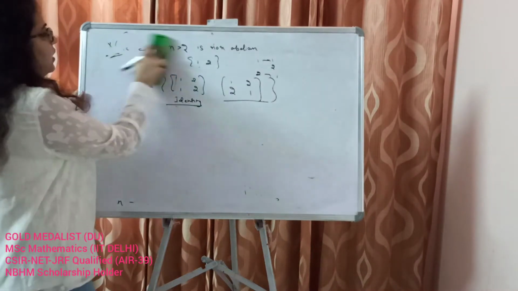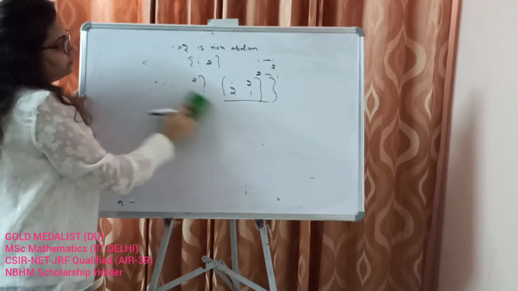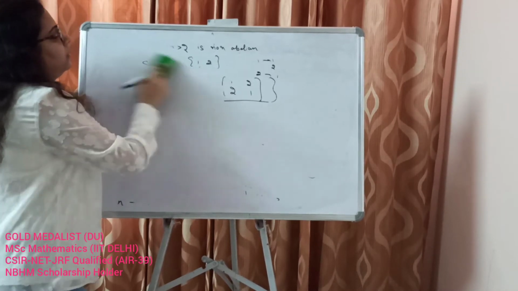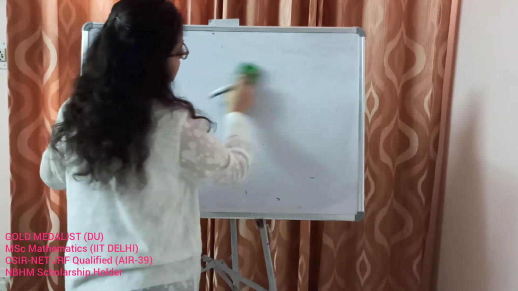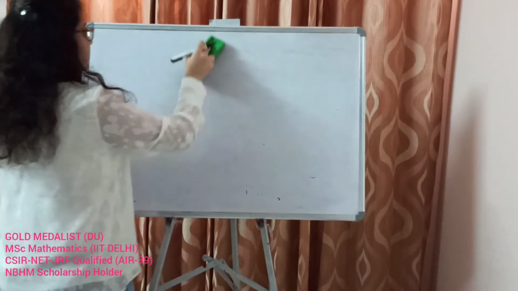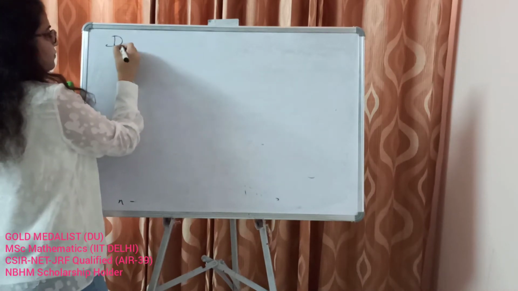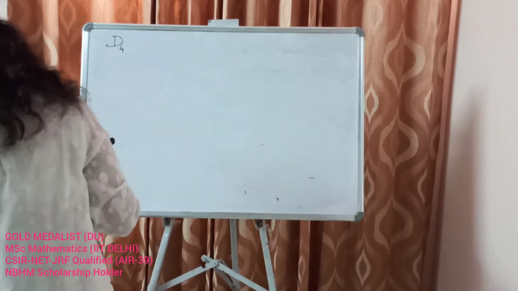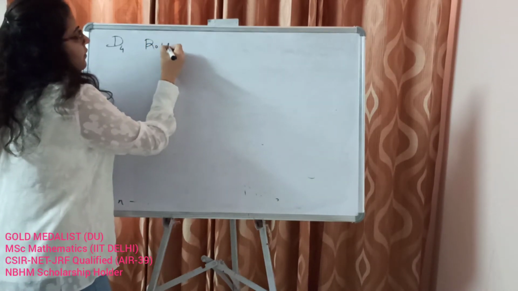Alright, so we learn another example of a permutation group, which is denoted by D4. Okay. Rotations of a square.